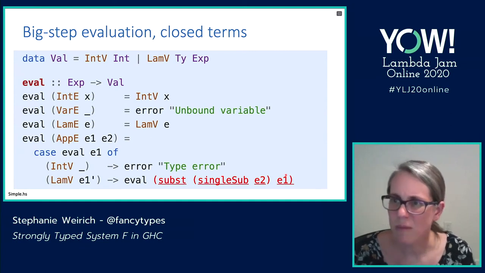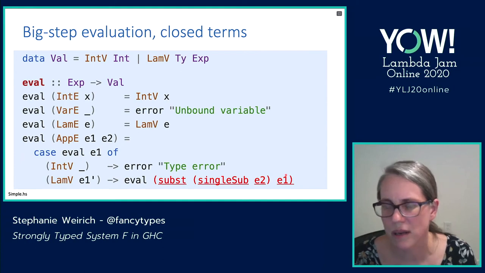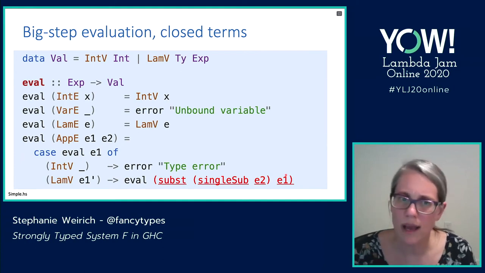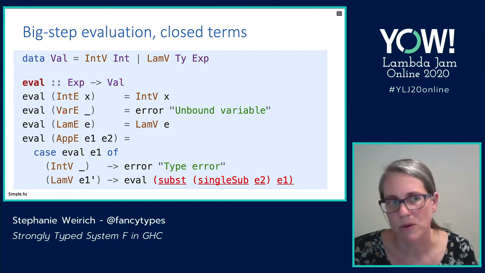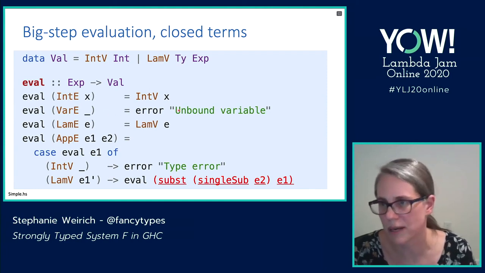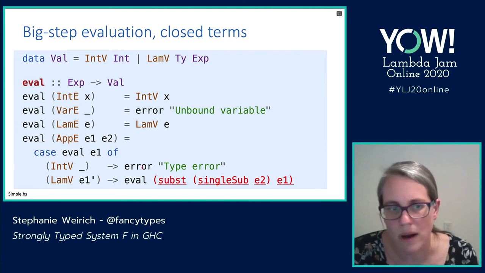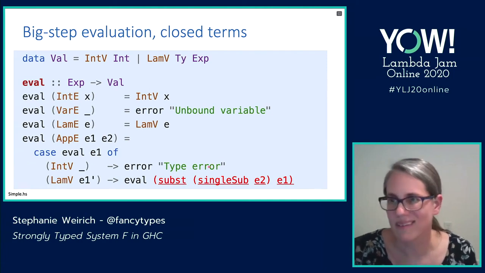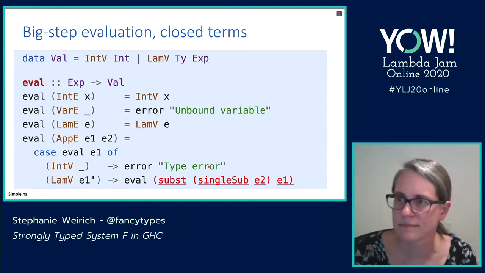What I want to talk about next is how we can modify this data structure and the substitution library so that we can rule out these error cases: rule out the second line where we're trying to evaluate an expression with an unbound variable, and rule out the next to last line, applying an integer to an argument, something that would be a type error in our language.